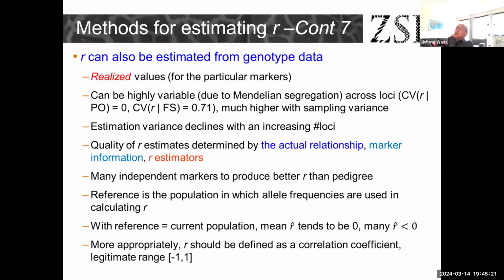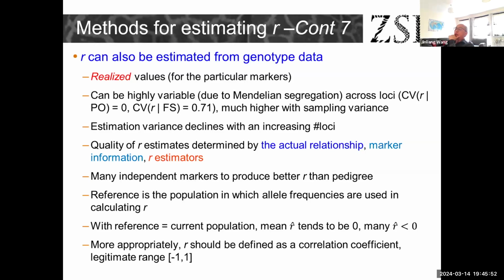And the quality of the R estimates is determined by many factors, including, for example, the real or actual relationship, and the marker information we have: how many markers we have, the allele frequency distributions of these markers, the missingness, and the error rate of these markers, and so on and so forth.